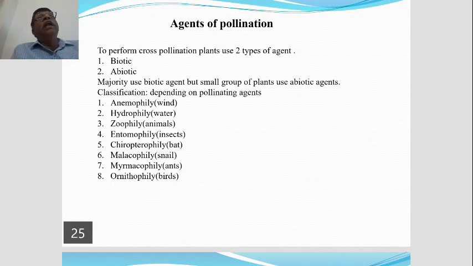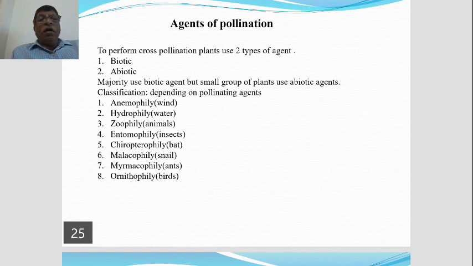Biotic means life. So life is absent. Abiotic agent. Common abiotic agents, for example, water acts as abiotic agent. Then wind acts as abiotic agent for pollination. Okay.